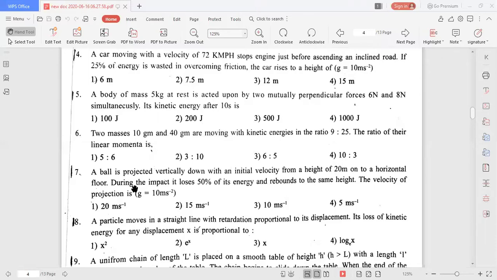Here, two bodies having masses M1 is equal to 10 gram and M2 is equal to 40 gram are moving with kinetic energies in the ratio K1 by K2 is equal to 9 by 25. They asked the ratio between their linear momenta, so P1 by P2 is equal to question mark. Of course, it is an easy problem, but important.